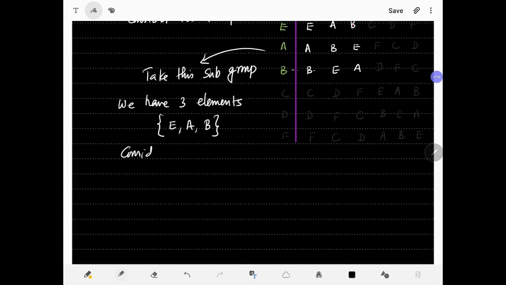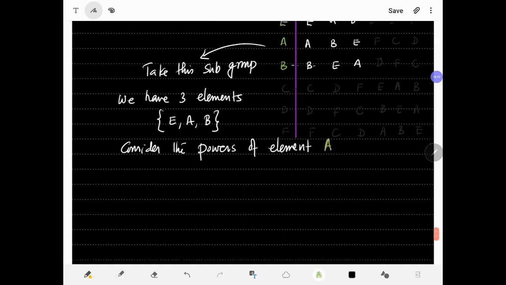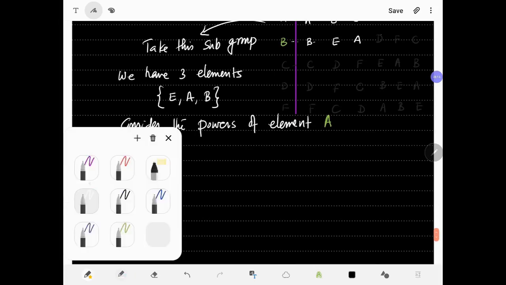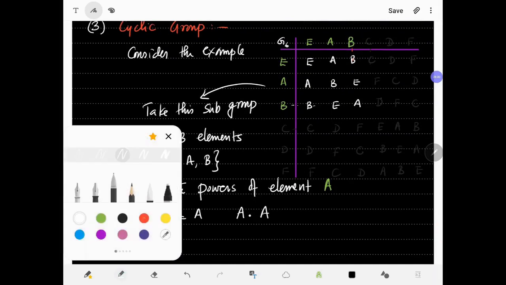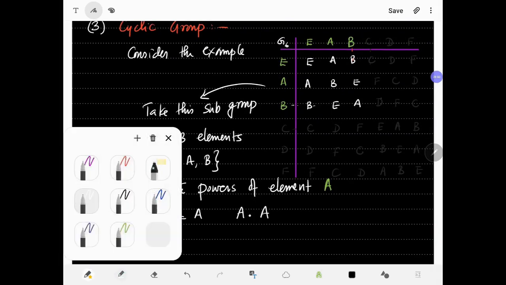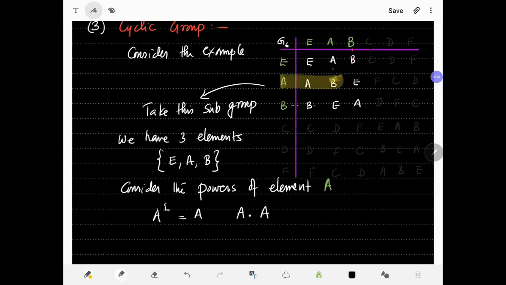Now what I am going to do is, I am taking the powers of element A. Say if I take A to the power 1, which is A, A to the power 2, which is A multiplied by A, which is A square.